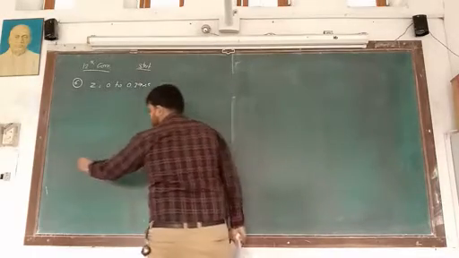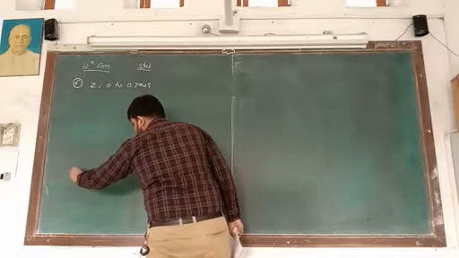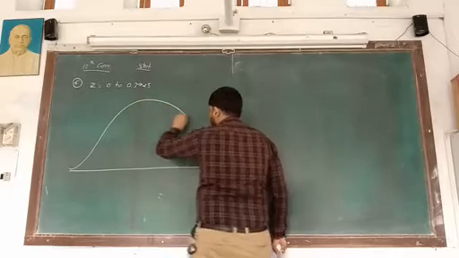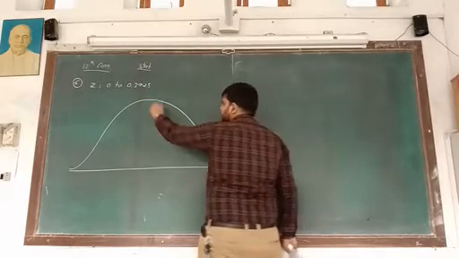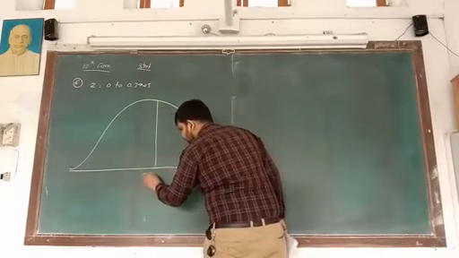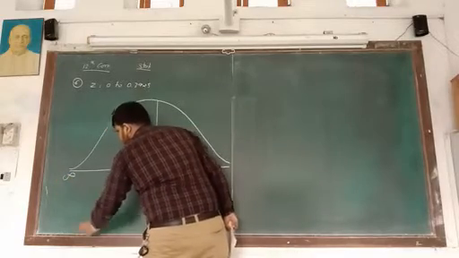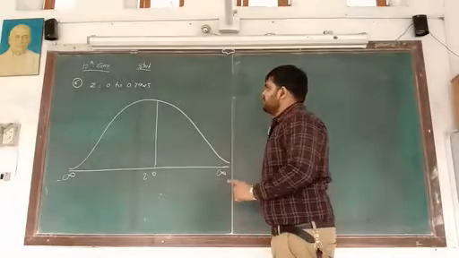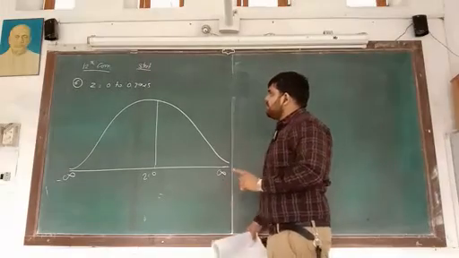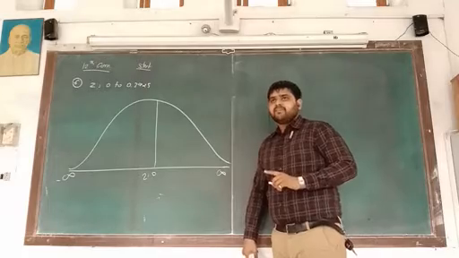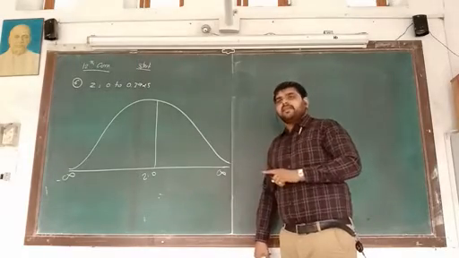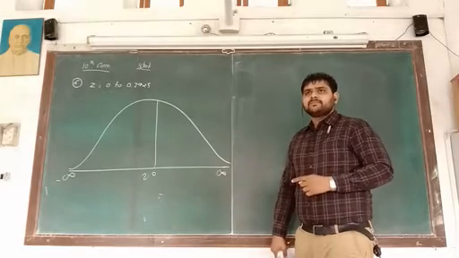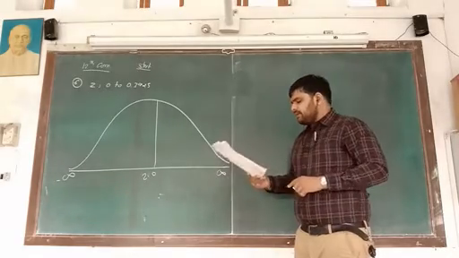With the help of the bell-shaped diagram, we can find out. Basically this is our bell-shaped diagram. Z is equal to 0, with minus infinity and plus infinity on the sides. What is the value of z? 0 to 0.3925. Either it is plus or minus, both possibilities can be there. Here it can be taken as plus.